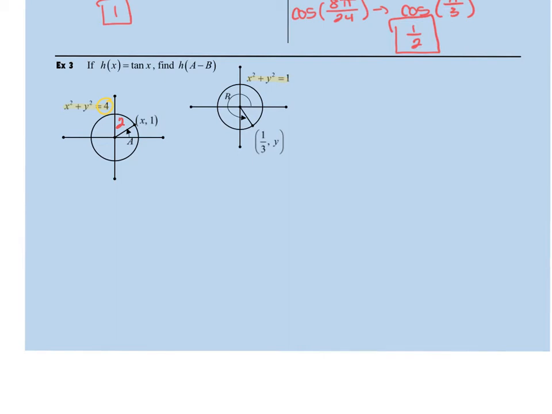And they've given us a y-coordinate of 1, which means we could do a little Pythagorean theorem here, or if you recognize this from our unit circle, we're going to end up getting a square root of 3 there.